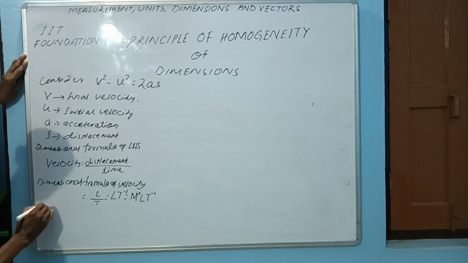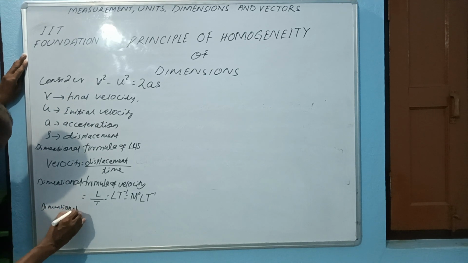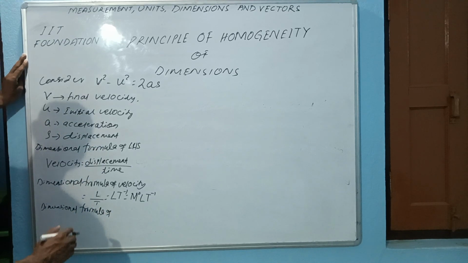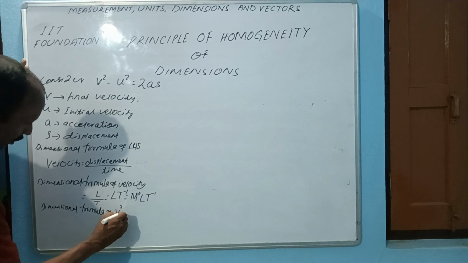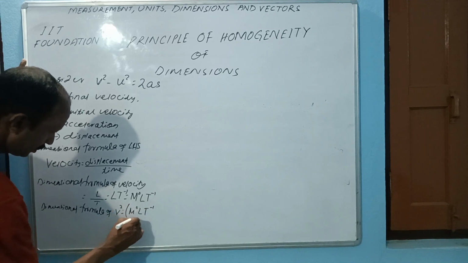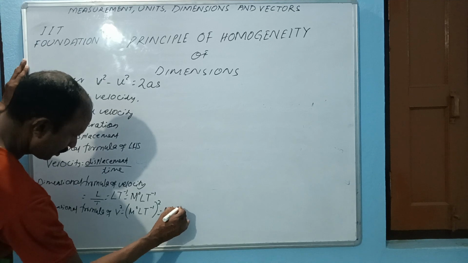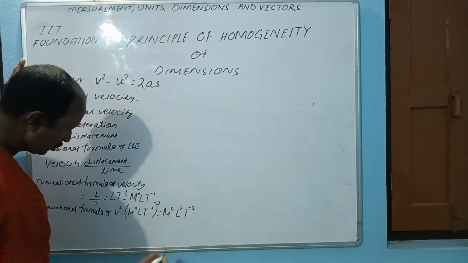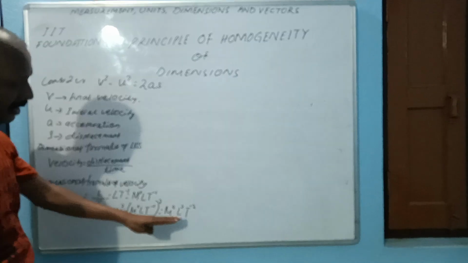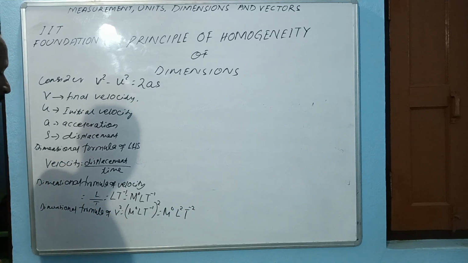So the dimensional formula of v square is equal to M to the 0 L to the 1 t to the minus 1 whole square, equal to M to the power 0 L to the power 2 t to the power minus 2. It is a formality to write the M, or I can write L to the power 2 t to the power minus 2, no matter.